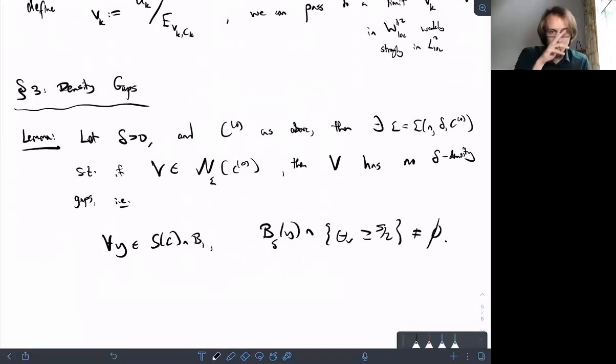So there is some point of density 5 halves close by. This is discussed in section 2.11 in the paper.